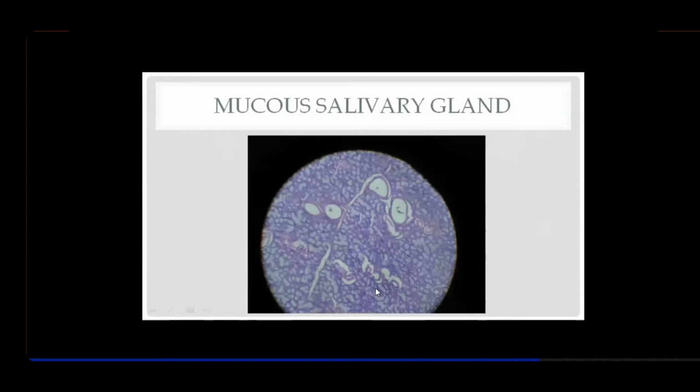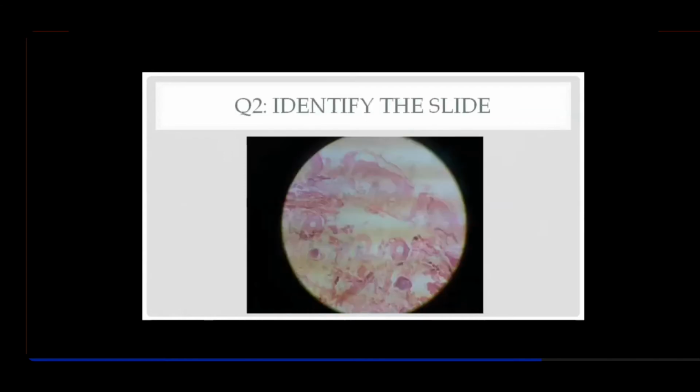And if you find a mucous acini covered by a crescentic serous acini, that is an example of a mixed salivary gland, and that is called the crescent of Giannuzzi or demilune of Heidenreich. That's how you identify a mixed salivary gland.